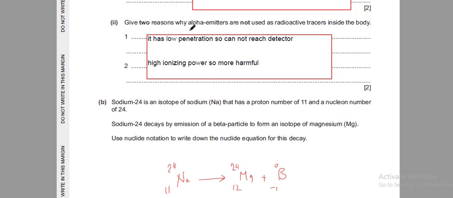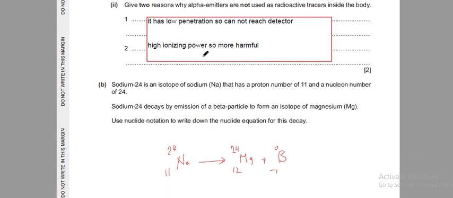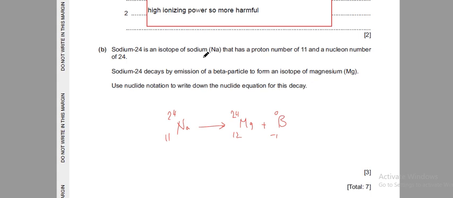Give two reasons why alpha emitters aren't used as radioactive tracers in the body: because they have low penetration, so they cannot penetrate the body to the detector, and they have high ionizing power, so they are more harmful to body tissue.